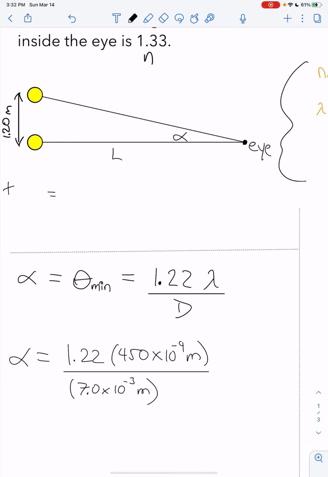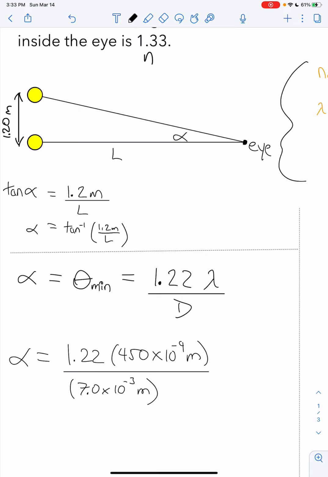Tan theta, where theta is alpha, is equal to opposite, which is 1.2 meters, divided by adjacent, which is our L, and that's what we actually want. So let's put this in terms of just alpha. Alpha is equal to the inverse tan of 1.2 meters divided by L.